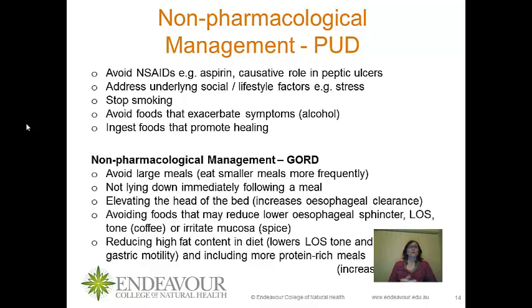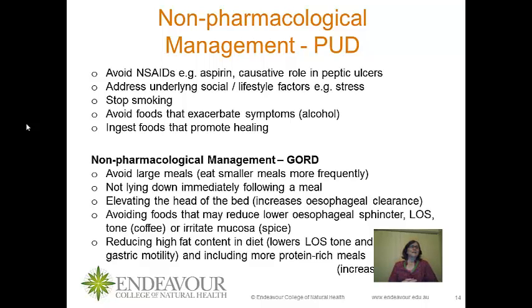ongoing lifestyle practices, lying down after eating large meals, eating certain foods that relax the lower esophageal sphincter, such as a high intake of coffee or, unfortunately, chocolate, substances that irritate the mucosa, eating large meals, stress, and lack of exercise, other things that tend to affect lower esophageal sphincter tone and delay gastric emptying and gastric motility, such as having very, very protein-rich meals.